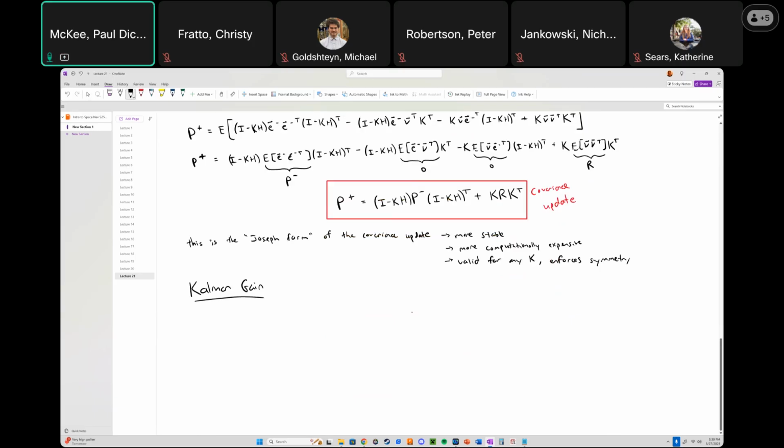So the whole point of the Kalman gain K is to minimize our error, right? So we want K to minimize the mean square update error.